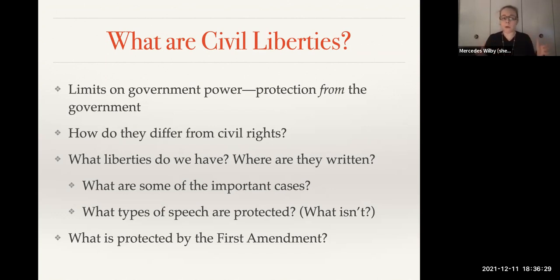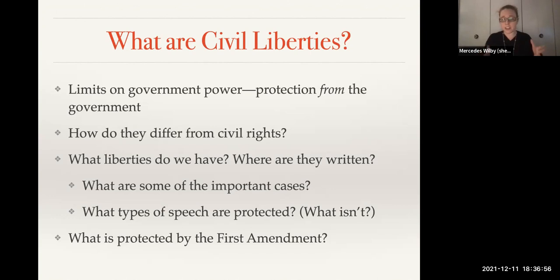And we know that most speech is protected by the First Amendment. For example, hate speech is typically protected. And really, basically all political speech is protected. The only time speech becomes not protected is when it does something particularly bad, usually something that is actually a crime.